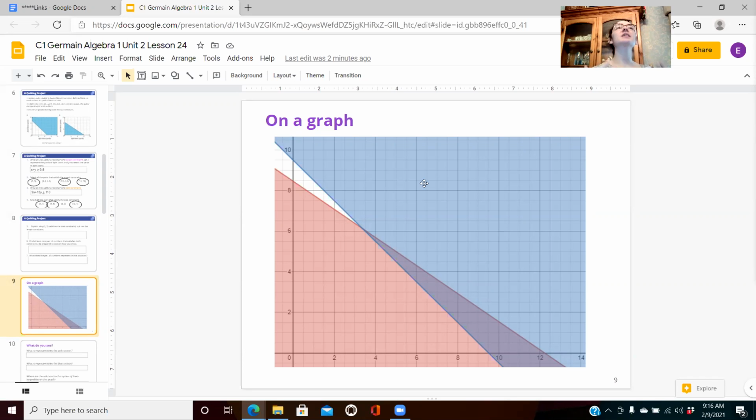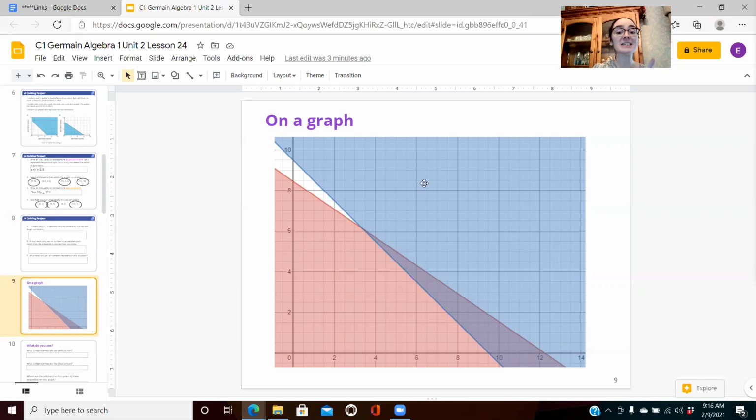So just like when we think about a system of equations, it's that overlapping point that falls on both of their lines. Now we need to think about a solution to a system of inequalities as similarly the points where the shading overlaps.